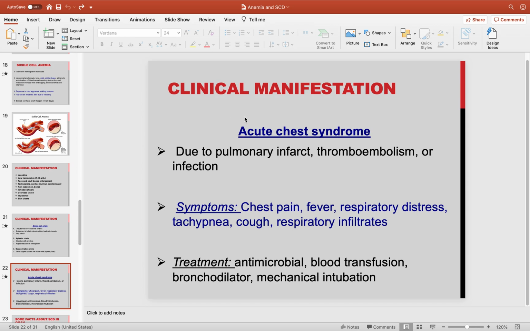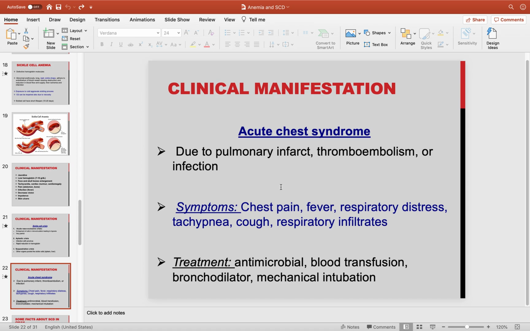It occurs because the blood vessels are occluded, due to pulmonary infarct, thromboembolism, or infection. Symptoms: the patient may have chest pain, fever, respiratory distress, tachypnea, cough, and respiratory infiltrate. All of these are due to the occlusion, thromboembolism, whether in the heart or sometimes in the respiratory system.